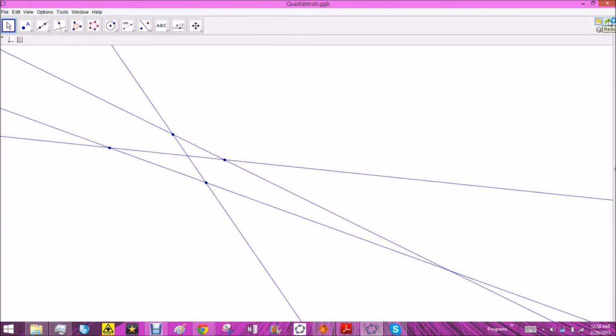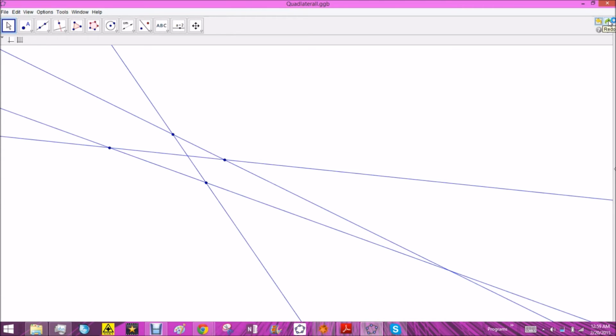Okay, so now I'm going to do a construction which is pretty much the dual of the previous one. Rather than starting with a quadrangle, we're going to start with a quadrilateral. So that's 4 lines. And you can see that these 4 lines are defining some points where they're meeting. And so in fact 6 points get defined this way.